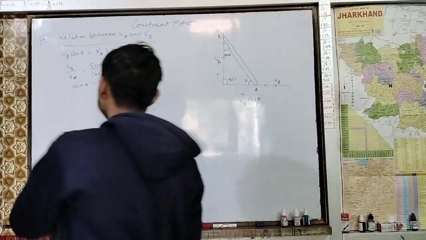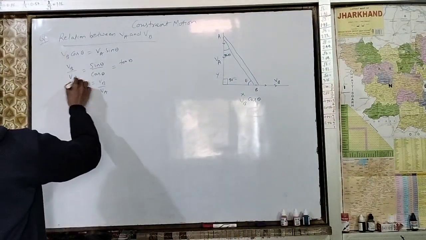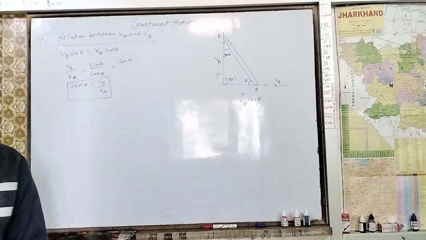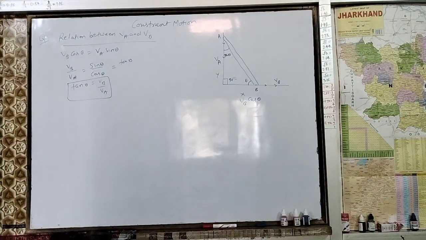From this equation we can get the velocity of A, the velocity of B, and the angle as a number. Clear?